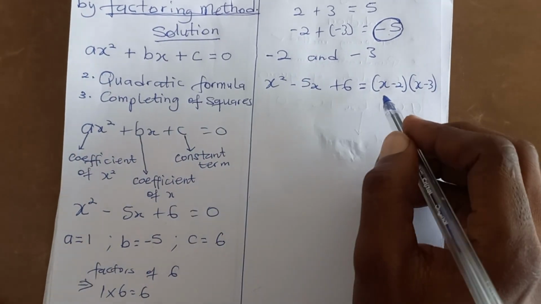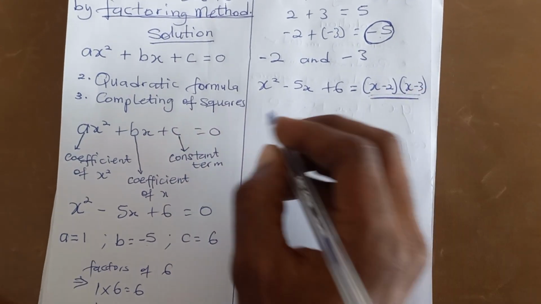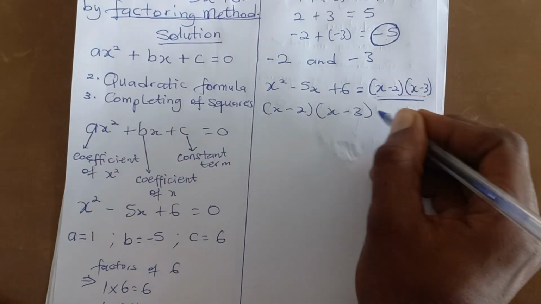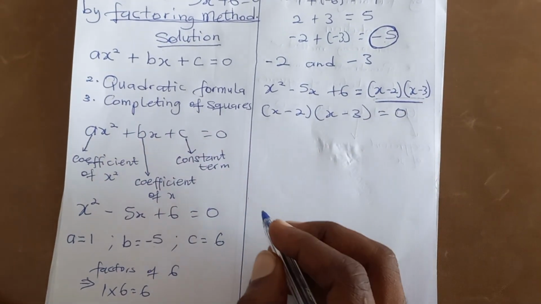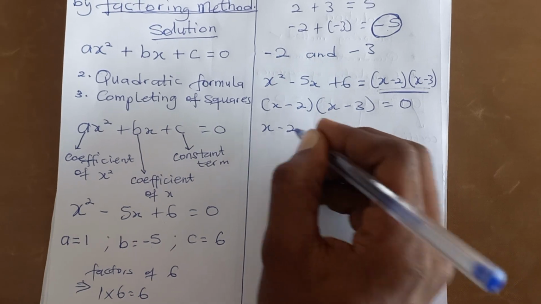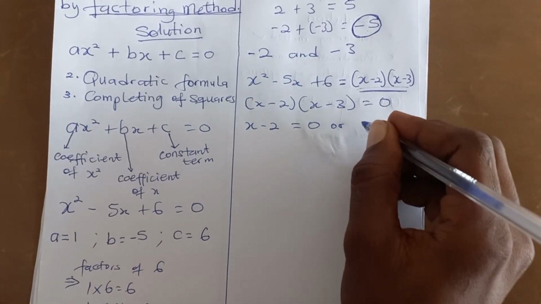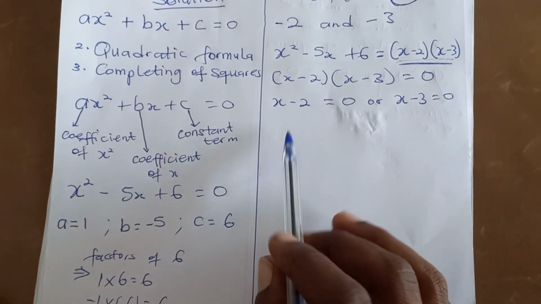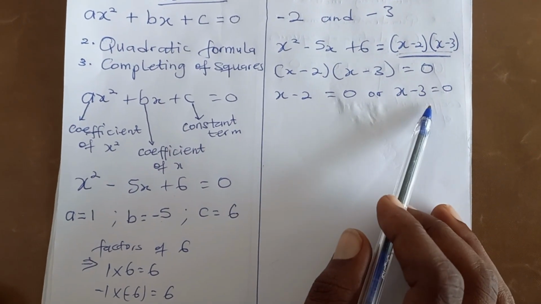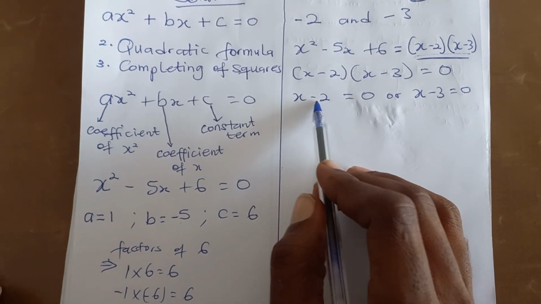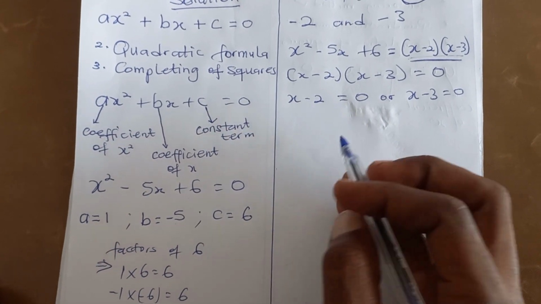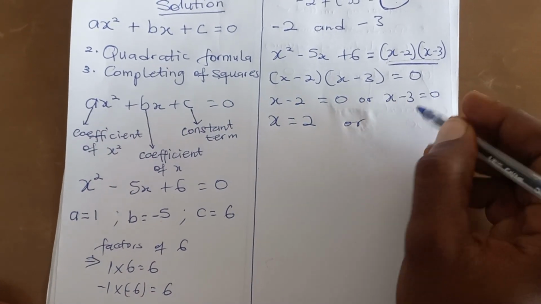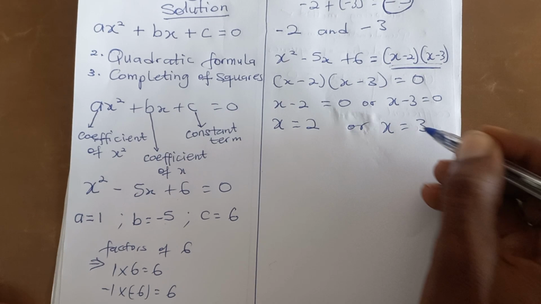Now we are going to set this to 0. So x minus 2, x minus 3 is equal to 0. So x minus 2 is equal to 0, or x minus 3 is equal to 0. Now you need to make x the subject from here. Making x the subject, we are going to get x is equal to 2, or on this side, x is equal to 3.